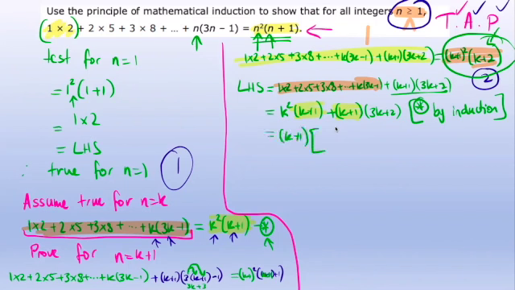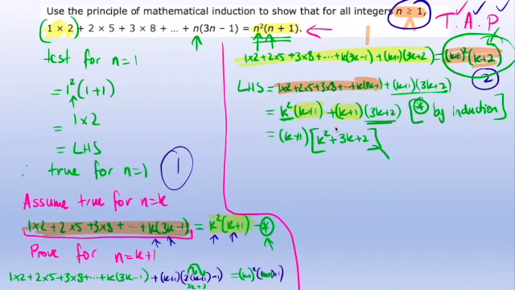I'm going to open a square bracket. You don't need to put a square bracket. You can keep it round. I'm just doing that because I'm a teacher. And so what I've got left there is this k squared. So I'm going to put k squared. And what I've got left on this other side is 3k plus 2. So I'm going to go 3k plus 2. Any questions with that?